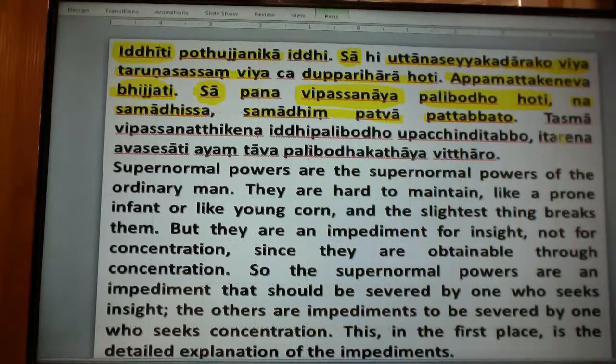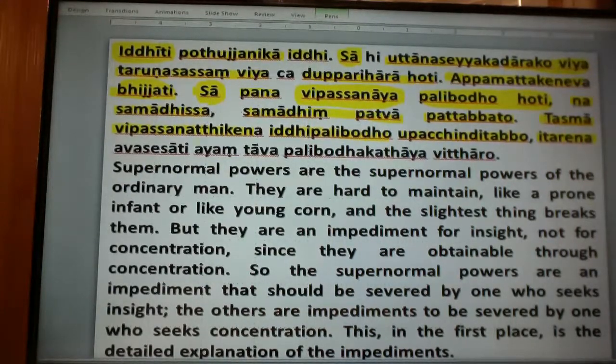Therefore, tasma vipassanatthikena, one who wants to practice vipassana insight meditation, should cut off the supernormal power as an impediment. Cut off means not practicing the supernormal power; put it aside, not continue.